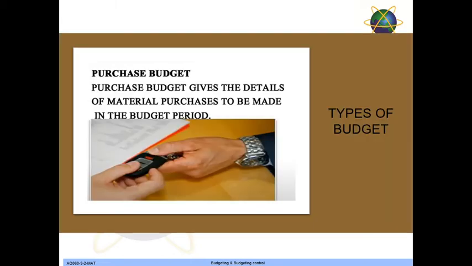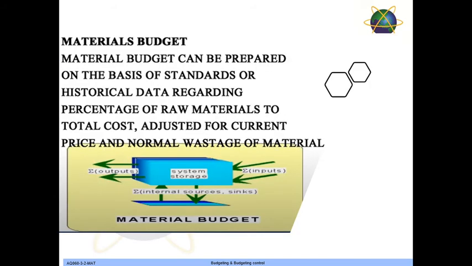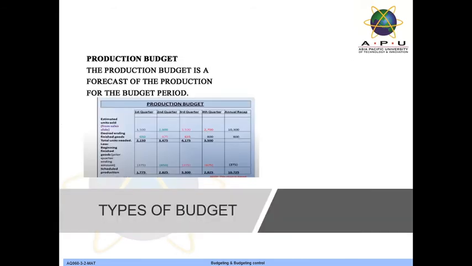Now we go to the purchase budget, which gives us the detail of material purchases, because we already identified how much material we need to buy in order to fulfill the production units that we forecast based on the sales budget.